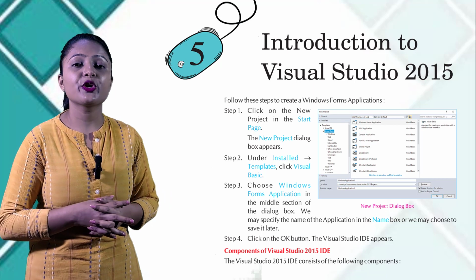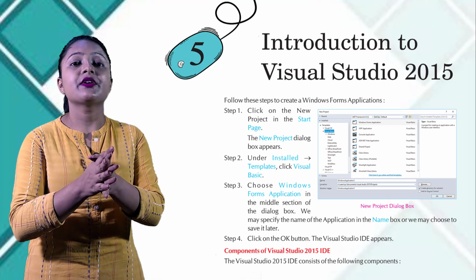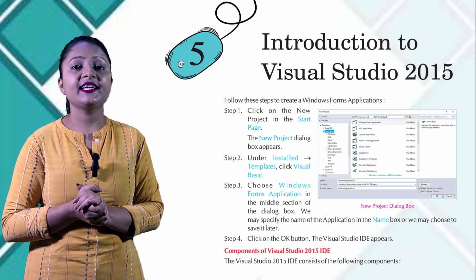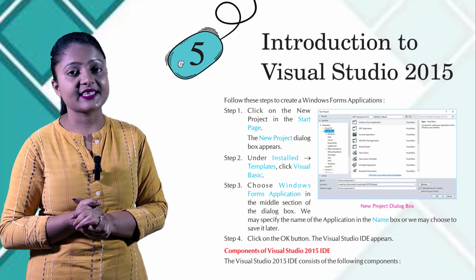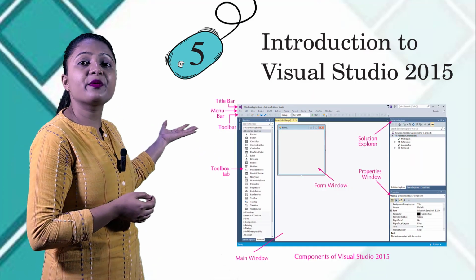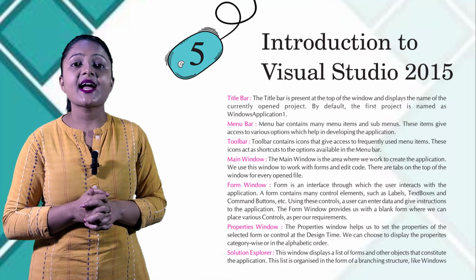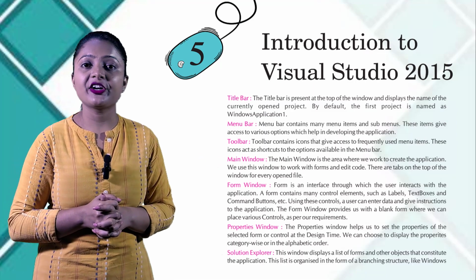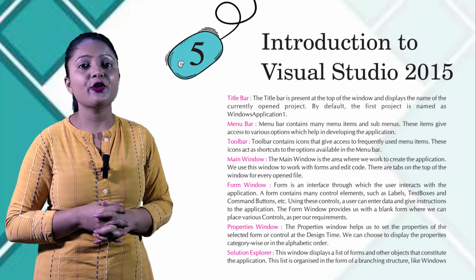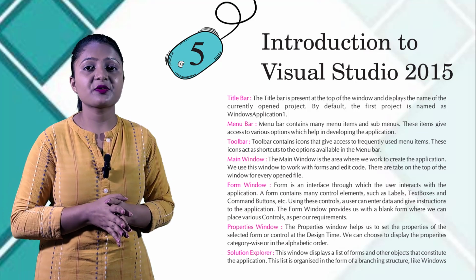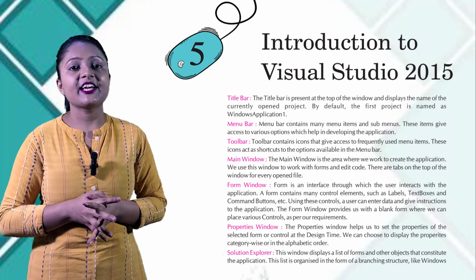Components of Visual Studio 2015 IDE. The Visual Studio 2015 IDE consists of the following components. This is the interface of components of Visual Studio 2015. Title bar. The title bar is present at the top of the window and displays the name of the currently open project. By default, the first project is named as the Windows Application 1.